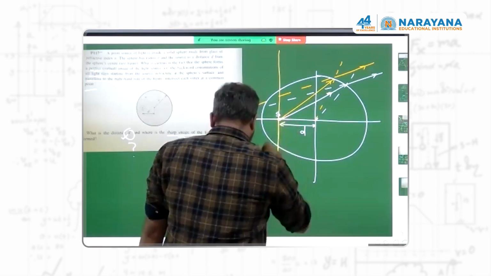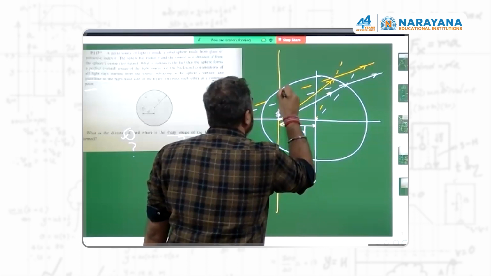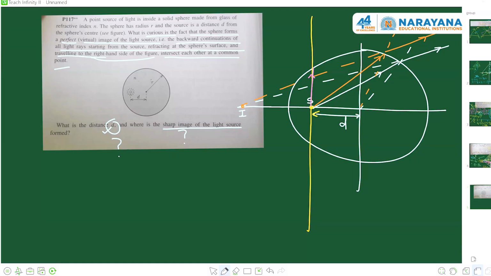If I take a ray which is coming just vertically, and with respect to the normal this is the angle here, if this angle is the critical angle, then it will come out tangentially from here. And this ray should also come here. That's what he wants. This is the other side, the extreme of the data that he has given, and he wants to cover the full part.